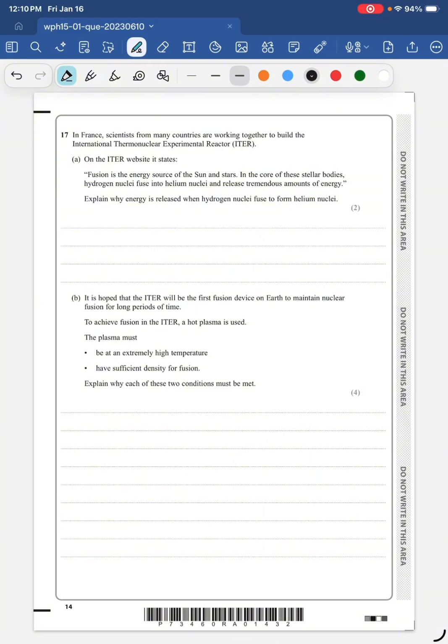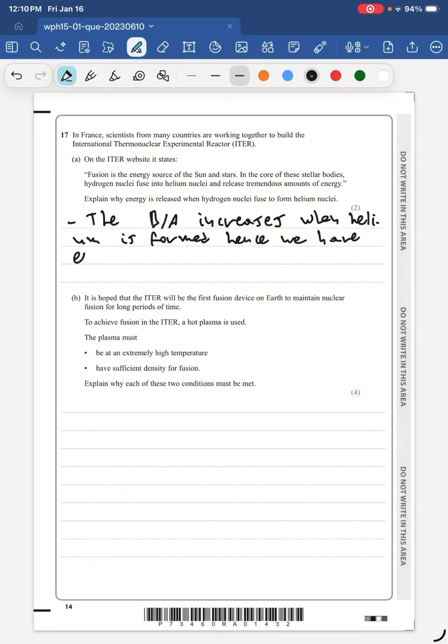So, okay, the binding energy per nucleon increases when helium is formed. Hence, we have energy release.